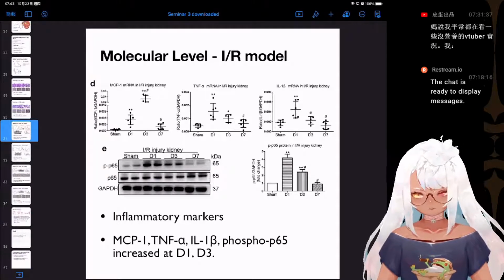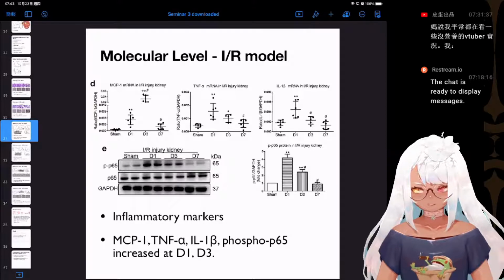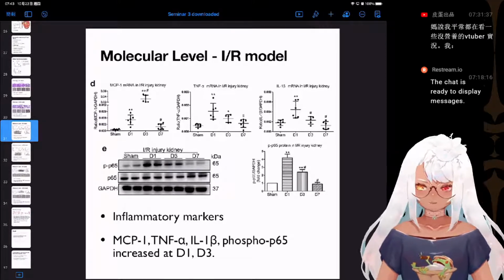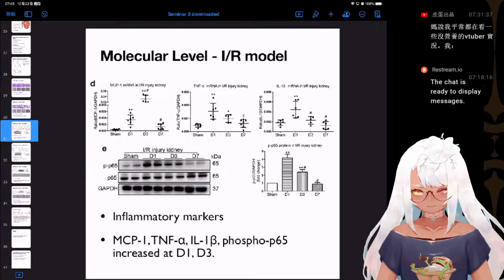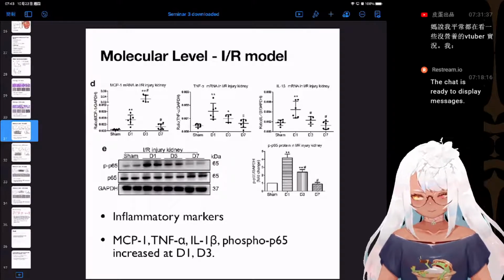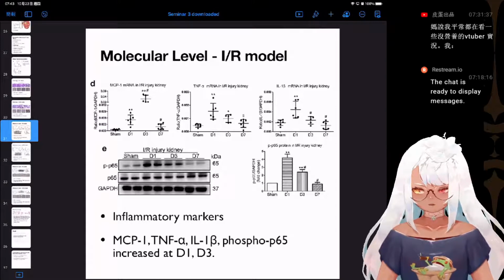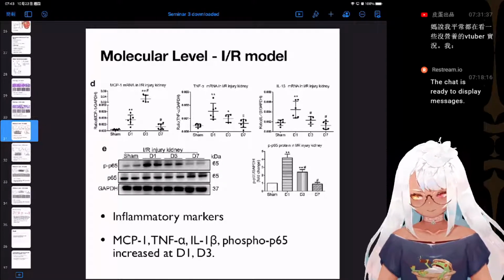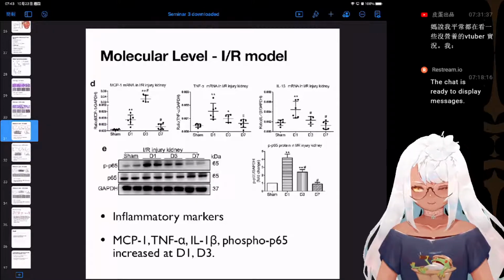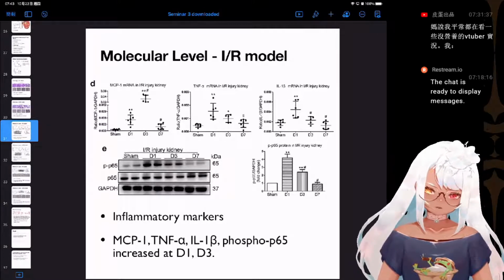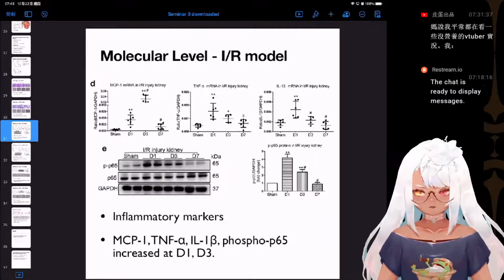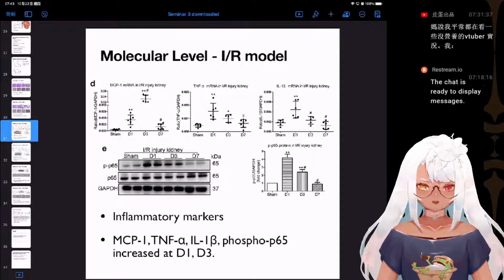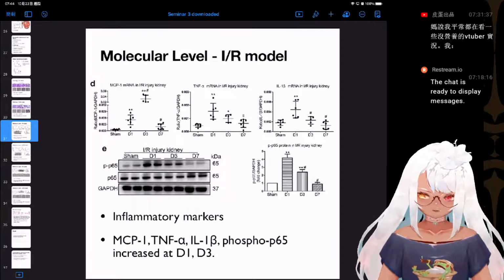In figure D, which is a qPCR result, compared to sham, there's a significant increase in these inflammatory markers at day 1 and day 3, preceding a decrease at day 7 following the recovery of the kidney tissue.